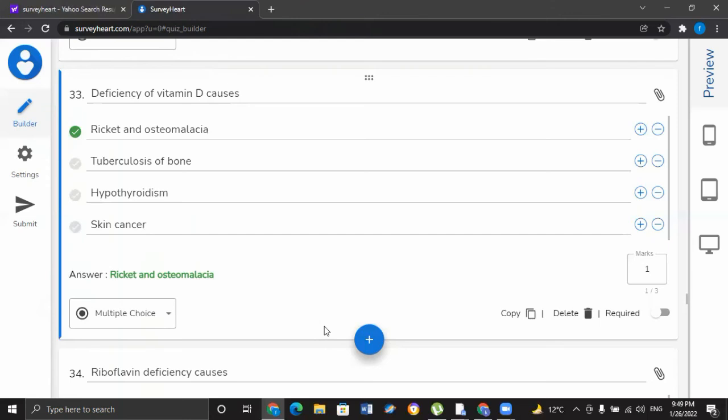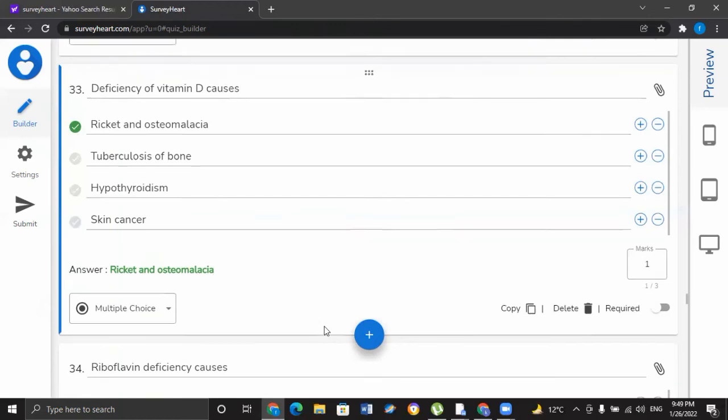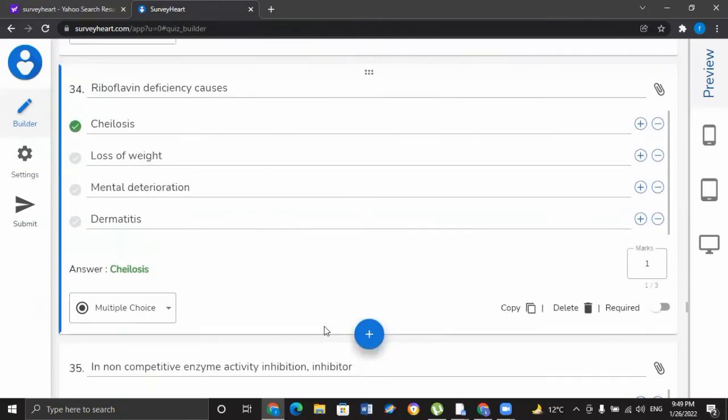So when there is a deficiency of vitamin D, the calcium will not be absorbed in the bones, which results in different diseases related to bones. Rickets is the disease of softening or bending of bones, usually occurring in children. And osteomalacia is also a disease of bone in which bones become brittle. So both of these conditions result from the deficiency of vitamin D. So the correct option for MCQ number 33 is A, rickets and osteomalacia.